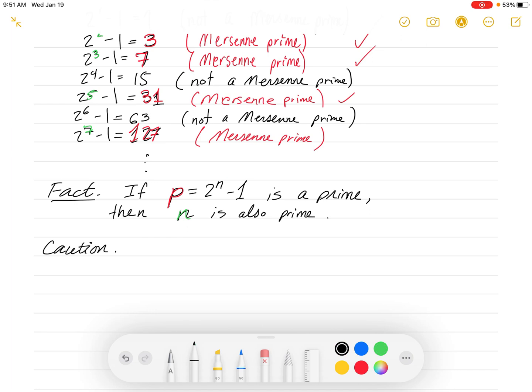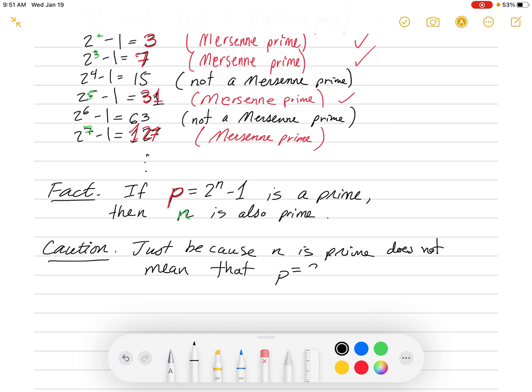But be cautious. Just because n is prime does not mean that P equals 2 to the n minus 1 is also prime.